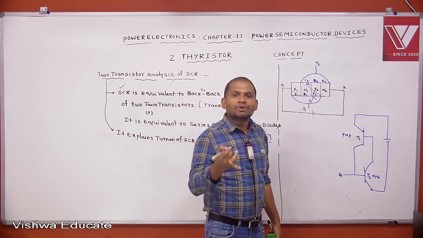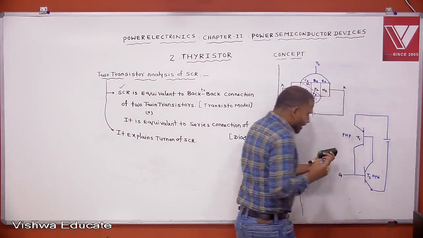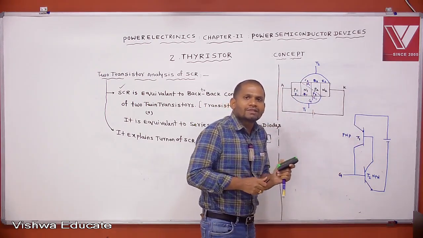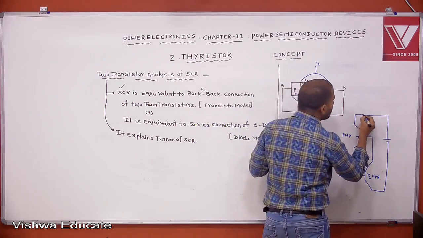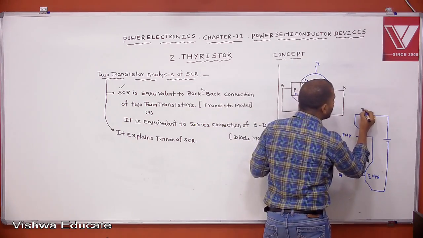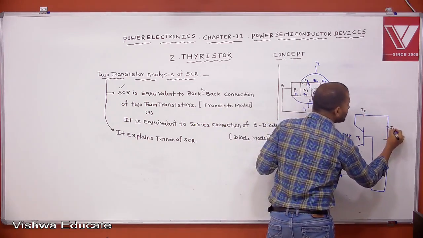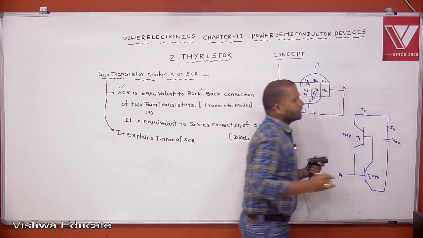Then, in order to do the analysis, I am giving the current representation for T1 transistor and T2 transistor. Let this current be IE1, the emitter current of T1, and this current is the anode current. This voltage is the anode to cathode voltage.